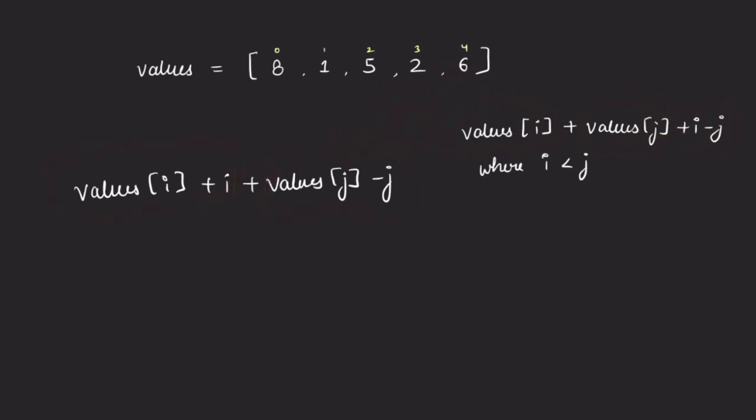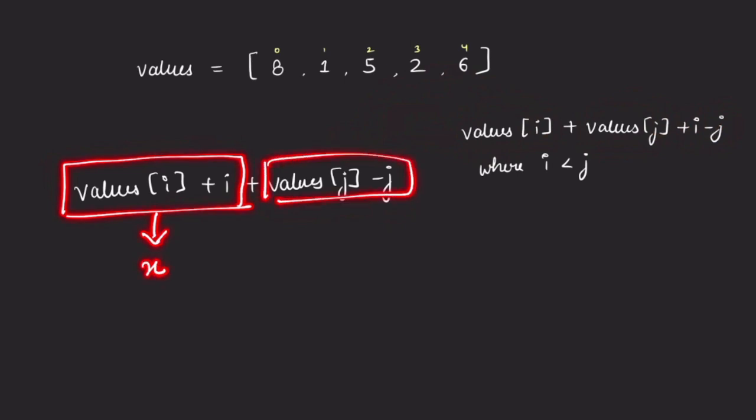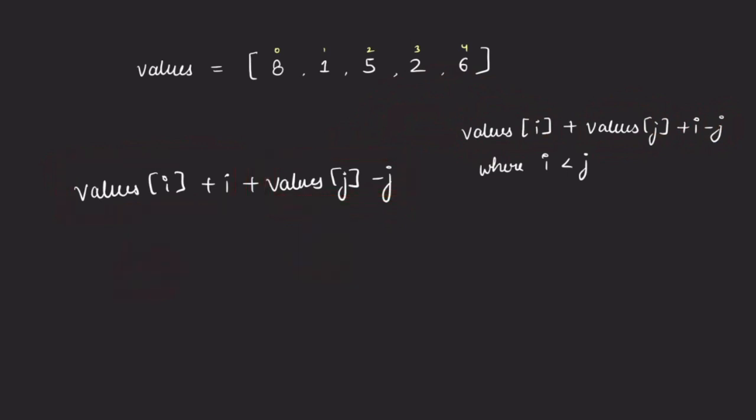So how is this going to help me? Now I can treat this as one expression, denote it with, let's suppose, x, and denote the other with y. So I would have to solve only these two. Now, n squared is not working, so we will have to think of something in n log n or n. If this is my expression and I fix this value, then I will have to identify the other value.